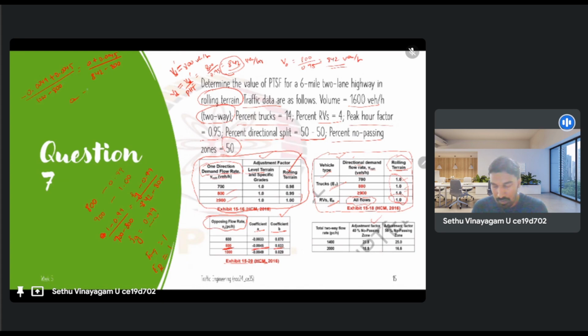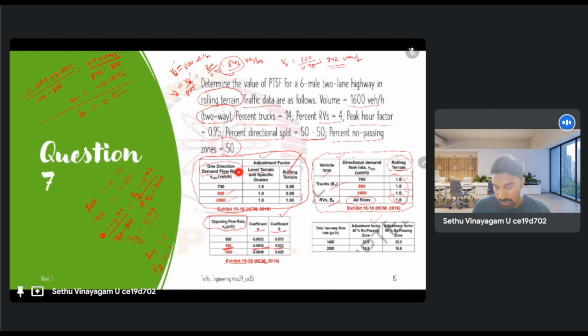If you solve this, you will get A equal to minus 0.0046. Okay, so we have interpolated and got the value of A. Similar steps you can follow, and then you will get the value of B as 0.832. So we got the values for A and B.